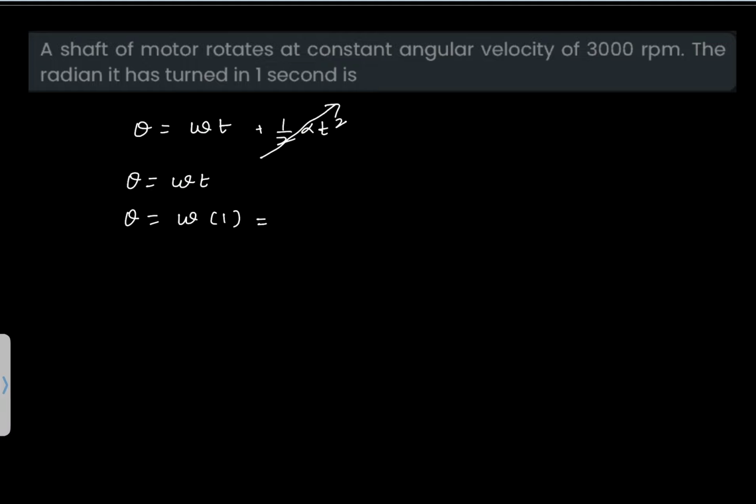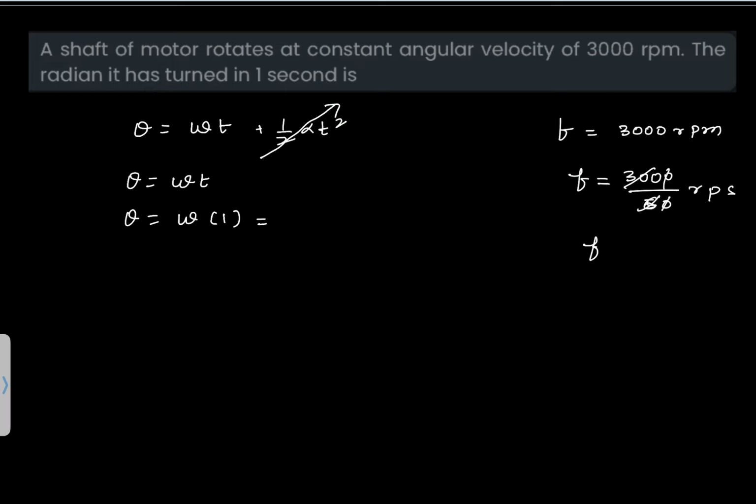But if you see clearly here, this RPM indicates frequency. Let me first convert into RPS, rotations per second. So I just have to divide by 60. Now it will become RPS. I can cancel this too.